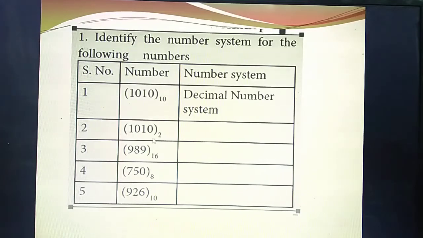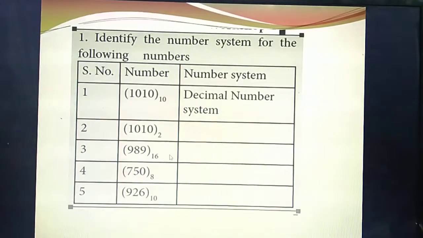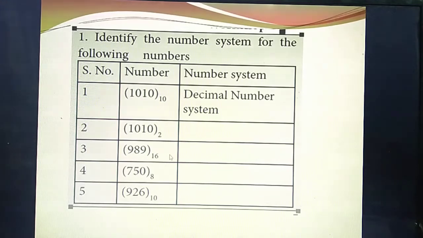Second one, say the answer. 1010 base 2. The base value is 2, so which kind of number system? Binary number system. So write it.